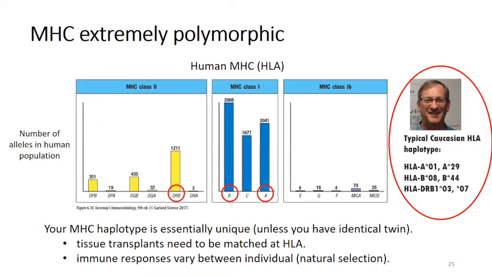So everybody has their own combination of alleles in the population. Those alleles you inherit. If you're going to have a tissue transplant, they have to be matched. But the kind of MHC haplotype that you inherit can also determine how responsive you are to a pathogen.